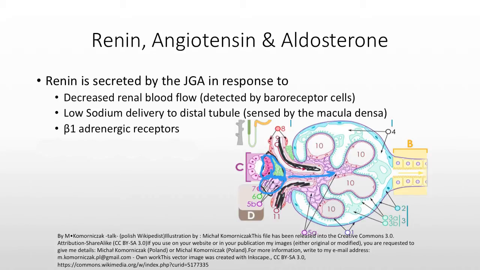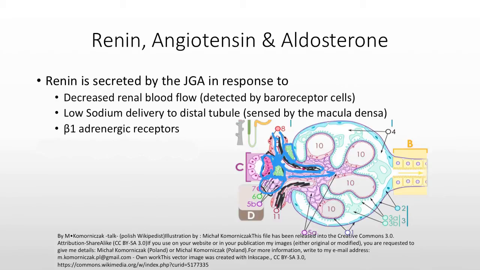First of all, you can see, of course, these granular cells, like right here, for example, and these ones I'm coloring them all in, these granular cells have a location right next to the afferent arteriole. So because they're right next to the afferent arteriole, they get information about how much the afferent arteriole is being stretched or contracted.